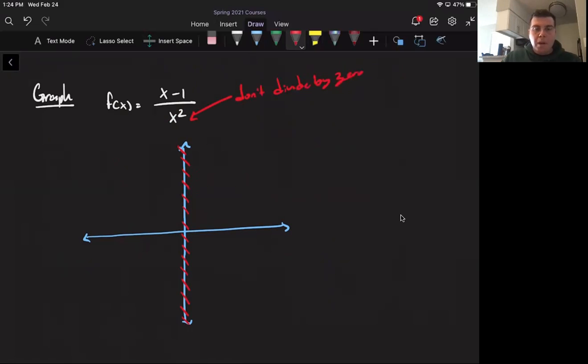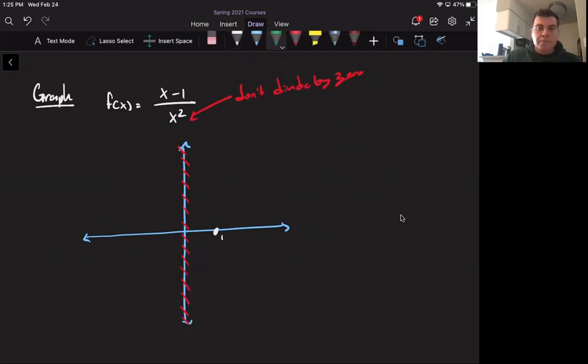Now, we also know that from the top, we can see we have a root at 1. So when we plug in 1, we get 0. So we'll put a 0 there at 1, but we're not going to be too concerned about it with this example.